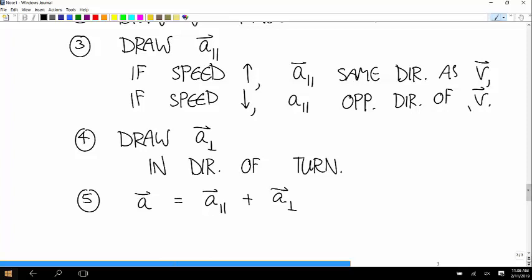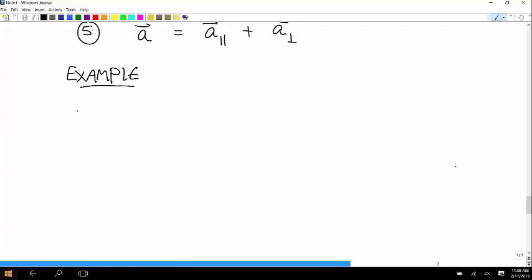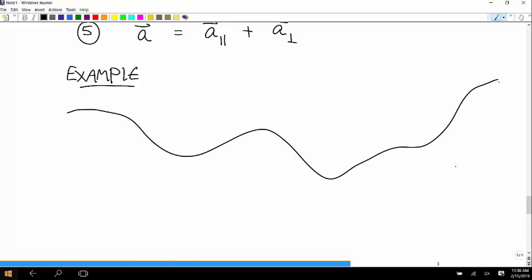So let me draw an example. This is just like the stuff that you did in lab on Friday. Let's say an object's moving along this path. And let's say we're interested in what's happening at this instant here. And let's say the object is slowing down this whole way.